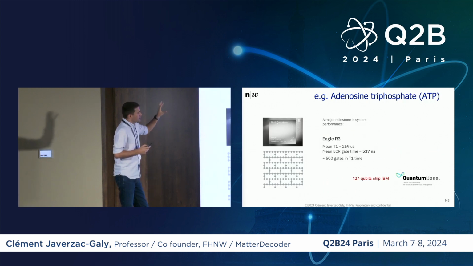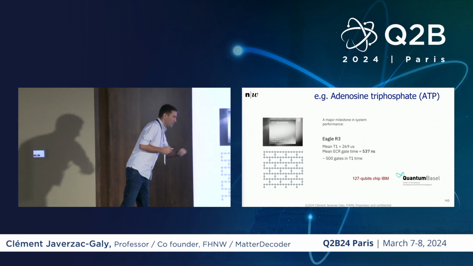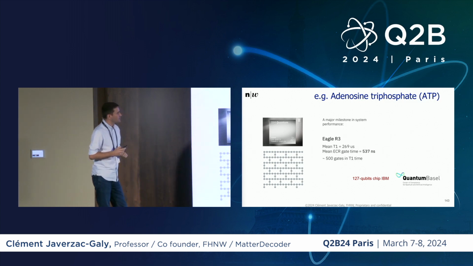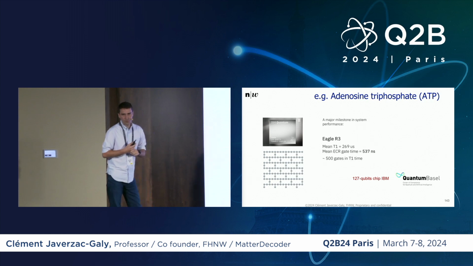The simulations here were carried out on the Eagle R3 architecture from IBM, and this was actually made possible by Quantum Basel. Quantum Basel is a hub for AI and quantum technology based out of Basel, and they provide technology access and support to various processors like IBM, IonQ.